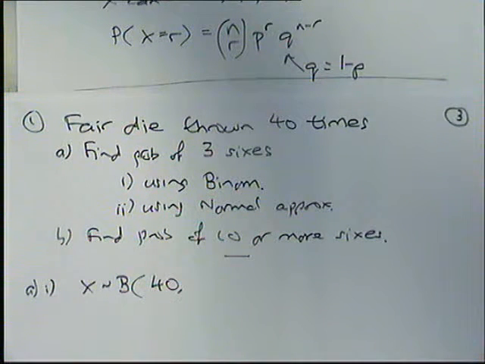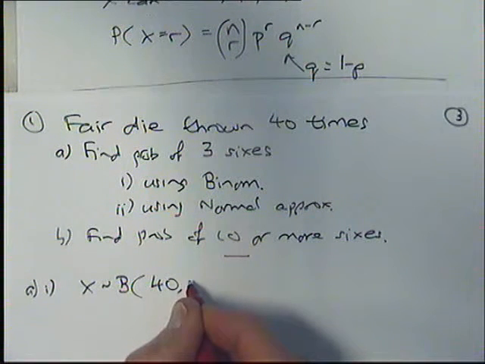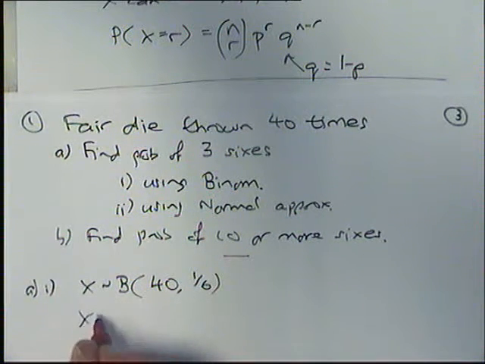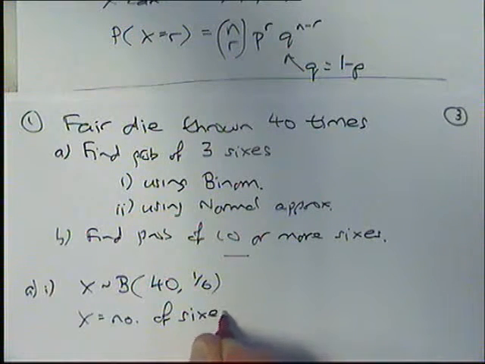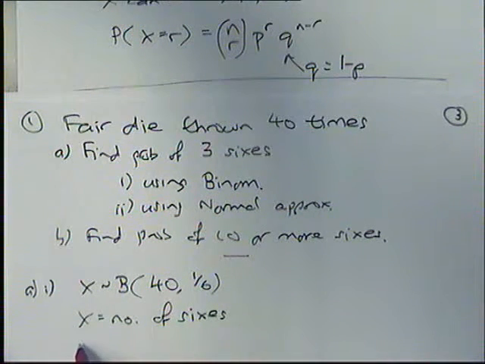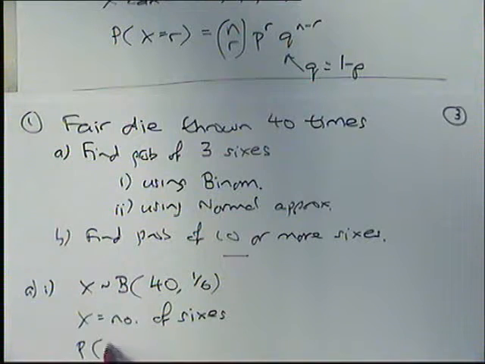Probability of success, well, success here must be getting a 6. What will my p-value be? 1 over 6. And X is going to be the number of sixes I get, and what I want to work out is the probability that that is 3. Probability X equals 3.